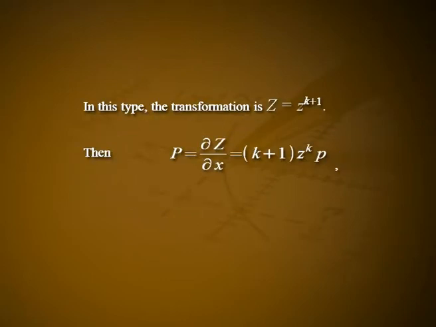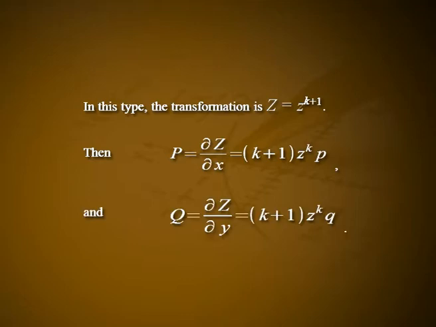In this type, the transformation is capital Z equals z raised to k plus 1. Then, capital P equals dou capital Z by dou x, which is equal to (k plus 1) into z raised to k into p. And capital Q equals dou capital Z by dou y, which is equal to (k plus 1) into z raised to k q.